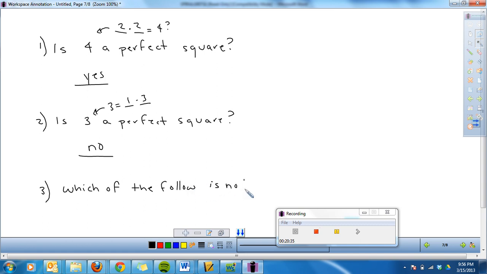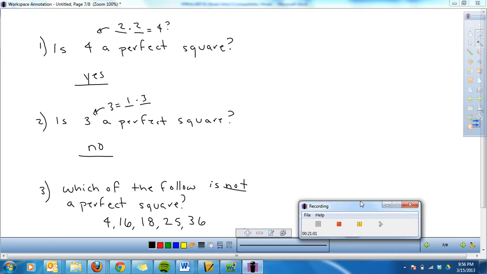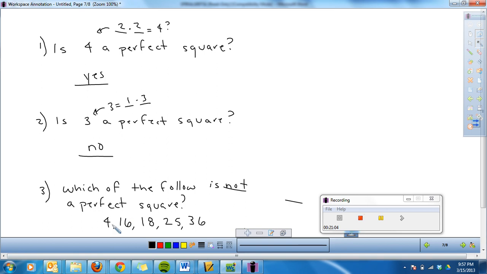The last question I might ask you is, which of the following is not a perfect square? So I might give you a list. Is 4 a perfect square? Is 16? Is 18? Is 25? Is 36? In your head you have to think, can I multiply a number by itself to get these numbers?